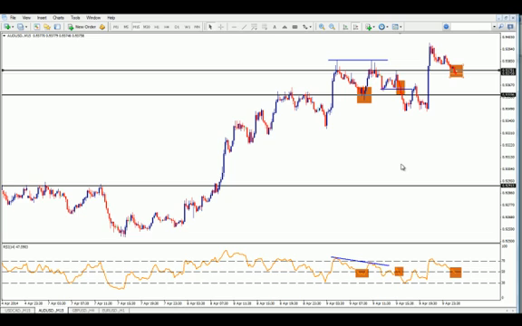So as you can see, the RSI gives a lot of signals during the trading day, and if you monitor several currency pairs or stocks or commodities, you will get more than enough on your hands to have a very nice trading session.